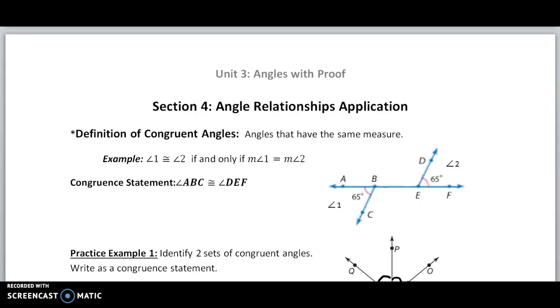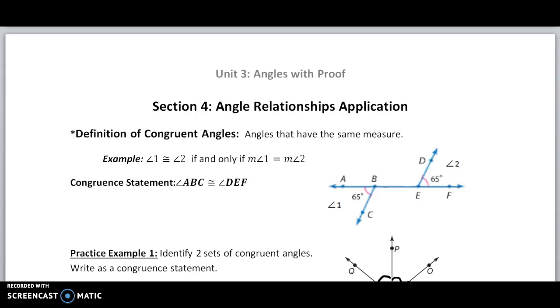So this is where we're starting our application, so information for application strand. But as I hinted to earlier, those 5 angle relationships are also definitions, theorems, postulates that we will be talking about as well. Okay, so on page 10, we're going to start with the definition of congruent angles.